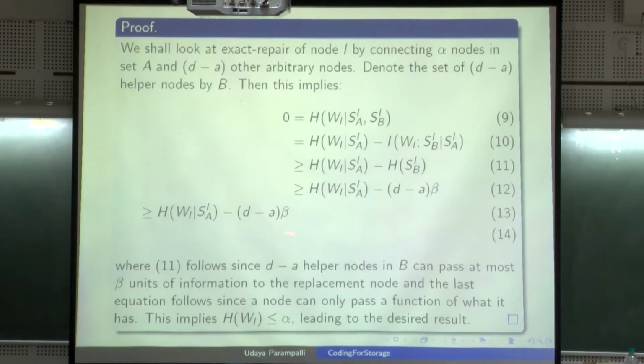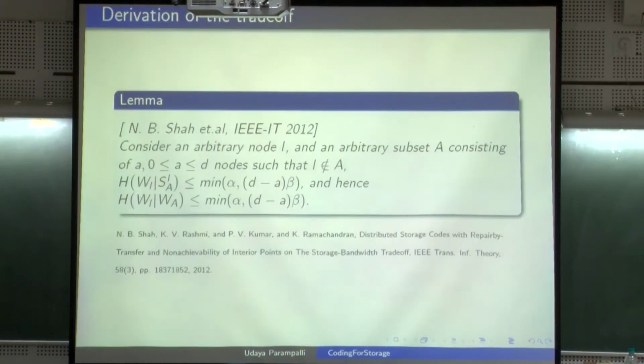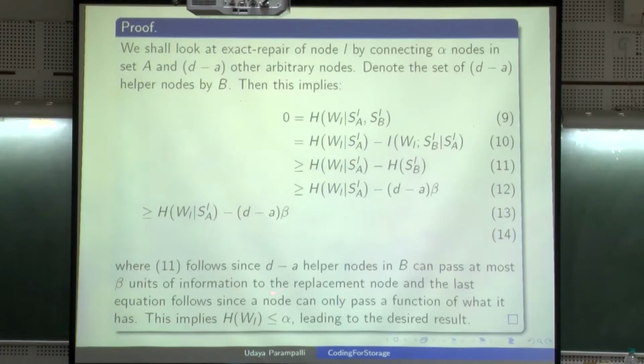So d minus A helper nodes will give at most beta units of information. Obviously this can't be more than d minus A times beta.